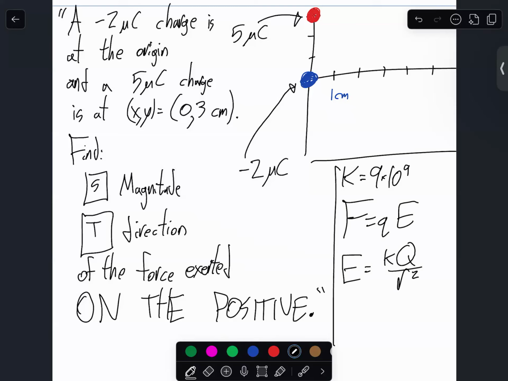Oh, you did put that, good. Watch the formula carefully.